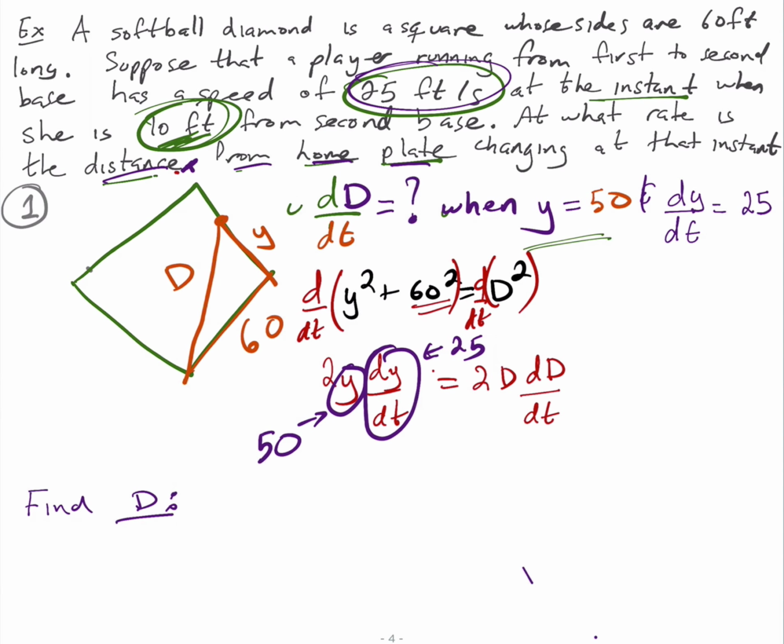So what would D equal? The square root of 50 squared plus 60 squared, right? So what is that? 2500 plus 3600, which is? How many? 2500 plus 3600? 6100. Yep.